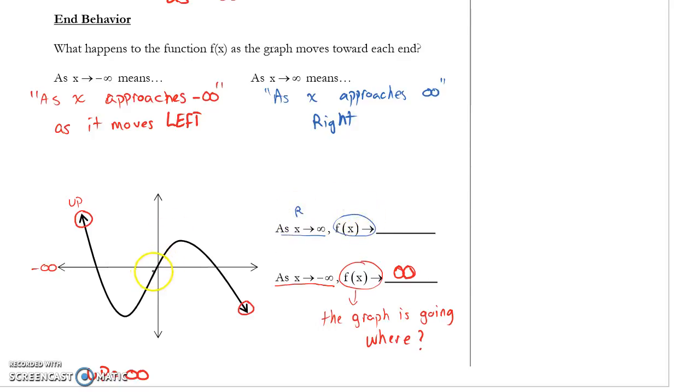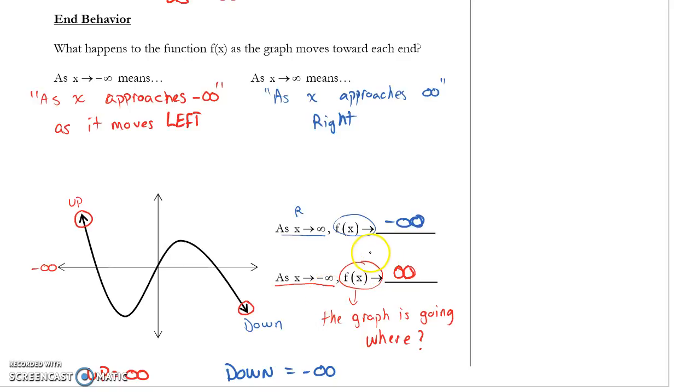The graph is doing what? I go to the right, and in this case I get to the arrow after I've moved to the right as far as I can, and I've been moving down. This is pointing down. I was moving my pencil down. Down is negative infinity. So as x approaches positive infinity, the graph approaches negative infinity.